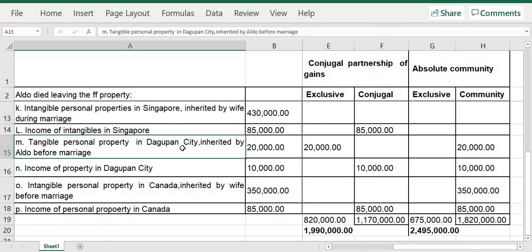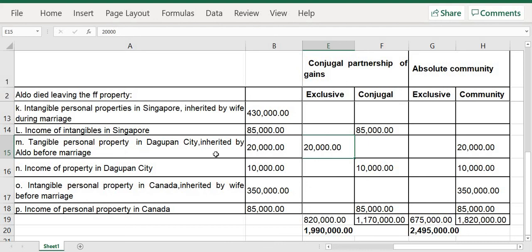Kaya it doesn't matter kung acquired ba niya yan by onerous or gratuitous title. Basta properties na yan before marriage, under conjugal partnership of gains, exclusive yan sa spouse. Dahil kay Aldo yan, exclusive property yan ni Aldo.